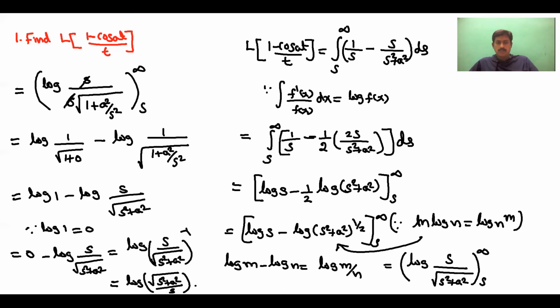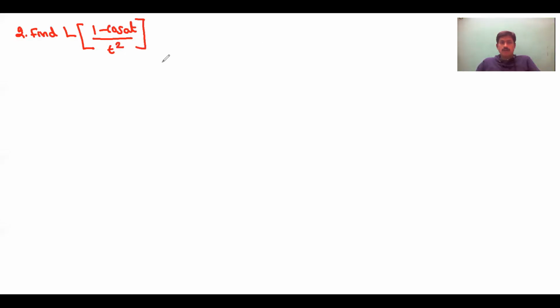Find L of (1 minus cos at) by t square. If you observe this problem, your denominator is in the form of t square. L of (1 minus cos at by t) whole thing divided by t, I can write.